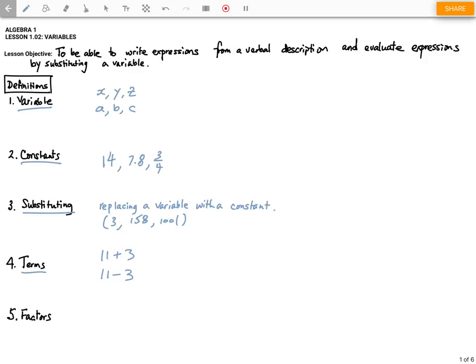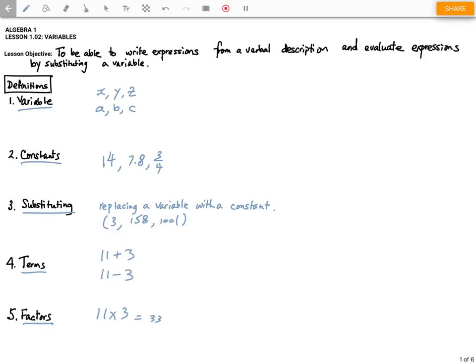And then finally, let's talk about what is meant by factors. Factors are numbers that are multiplied together. So, for example, 11 times 3, that's a factor. What we'll learn a little bit later is, for example, 11 times 3 is 33. So we'll learn what is called factorization.